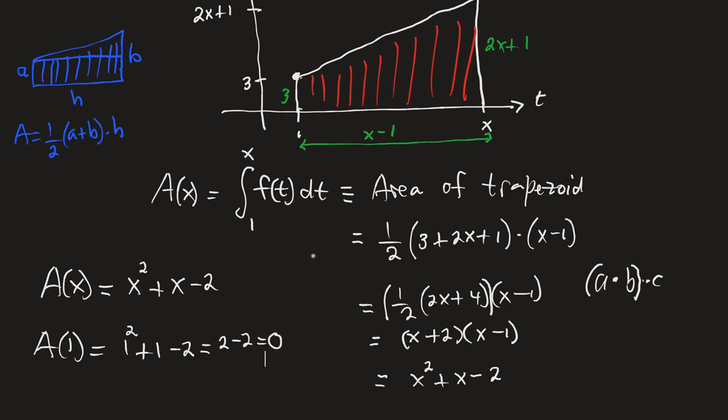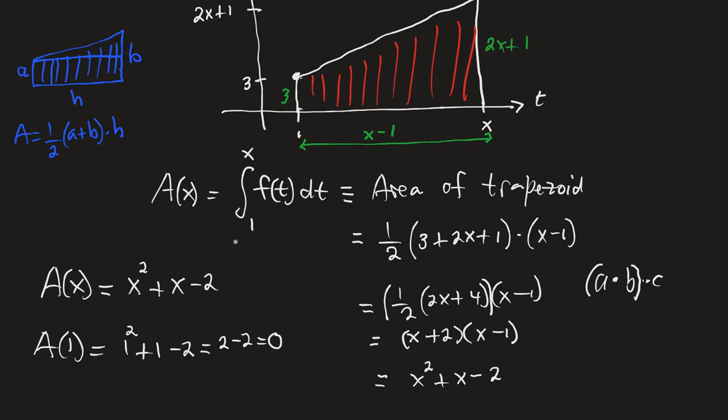Well, what would that mean? That would mean I have a slider and I slide the x all the way down here, so I wouldn't have any width to this trapezoid. And it corresponds to one of our properties of the definite integral.